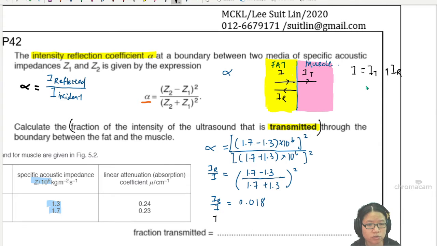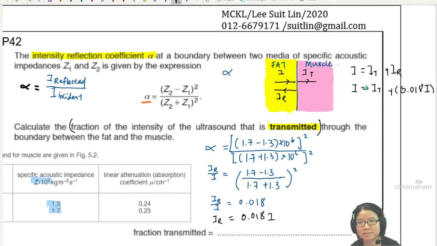If you and ratio are not best friends, it's a bit sad. Your life is going to be a bit longer, but no harm done here. So this is IT, and what is your IR? 0.018. So you bring this around, then you will find IT is equal to bracket 1 minus 0.018.